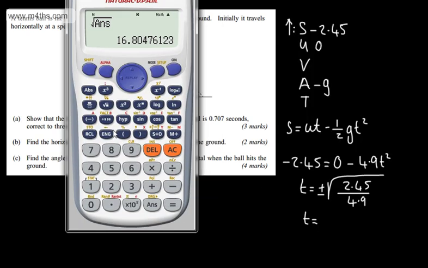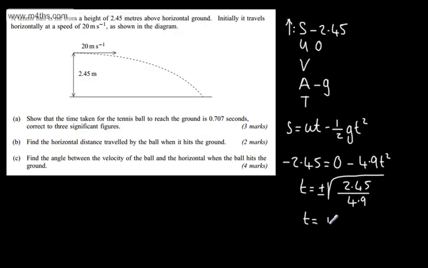So taking the square root of 2.45 divided by 4.9, that is going to give me root 2 over 2, or 1 over root 2 if you like, which is 0.707 to 3 significant figures, and that will be seconds.